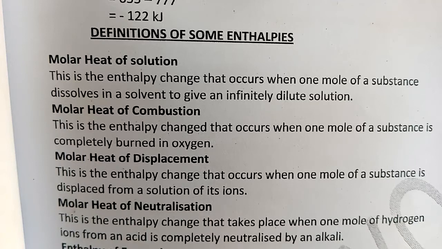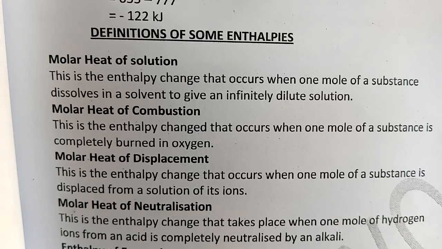But when the word molar is there, you have to state that 1 mole of a substance is involved, except for heat of formation, as we discussed in the previous lessons. For formation, you always have to mention 1 mole of that substance being formed from its constituent elements in their standard states, even if the word molar heat of is not there.